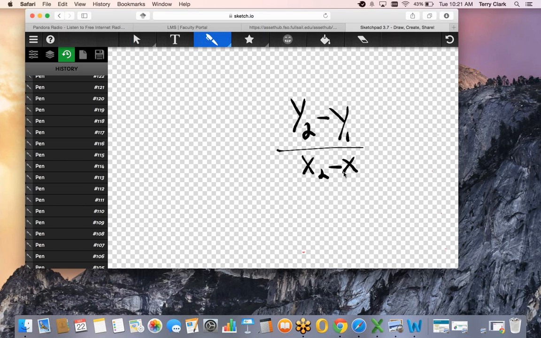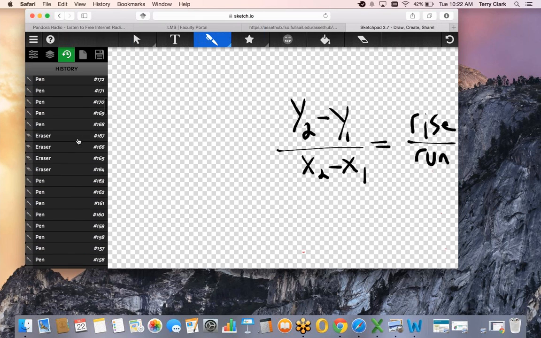This is always the formula right here, and that means rise over run, because the y's are vertical on your axis and the x's are horizontal. Okay, thank you.